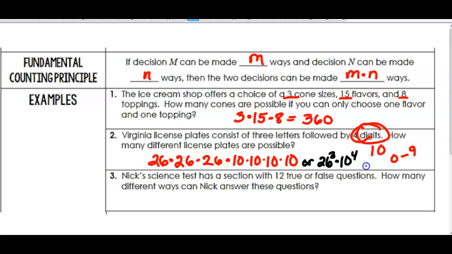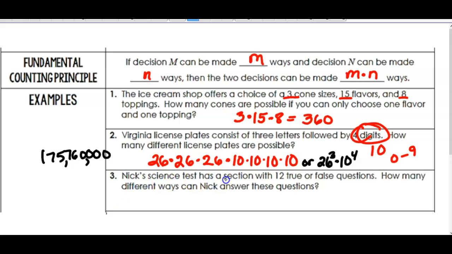We have a lovely, I'm going to write it over here, 17576 with 4 zeros. So 175 million different license plates we could make using those possibilities.